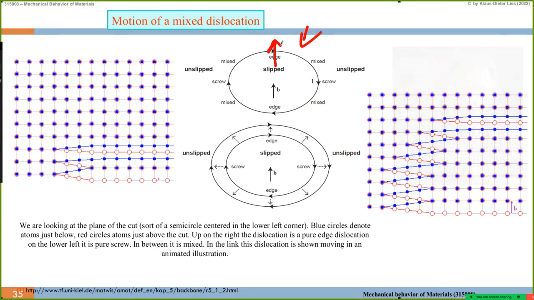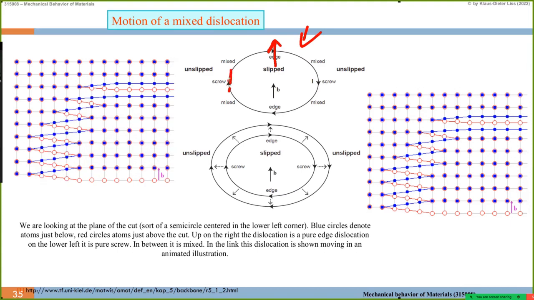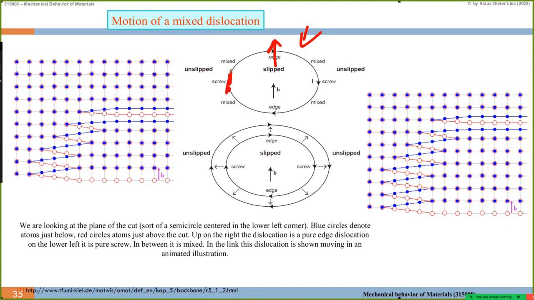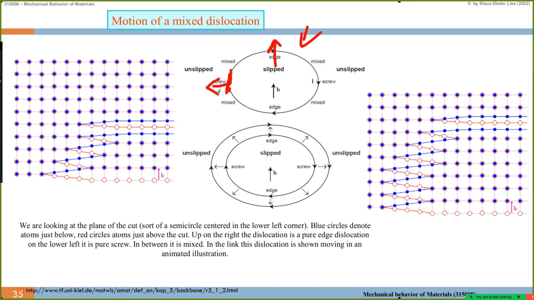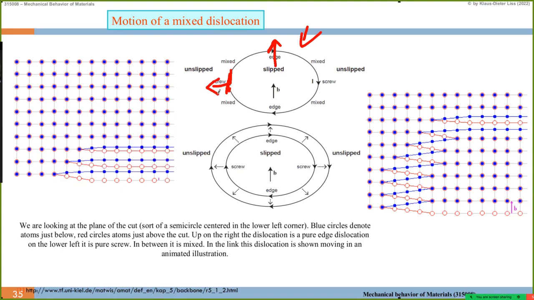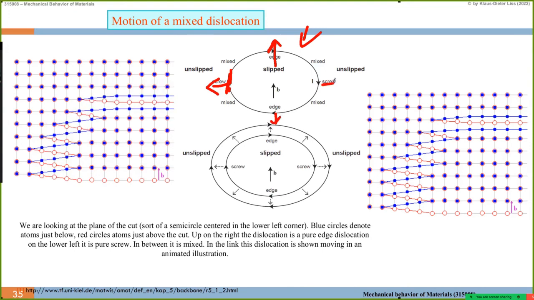At the screw dislocation we get motion of the dislocation line perpendicular to the Burgers vector, and since the sign changes at the bottom, it moves here, and at the left it moves there.